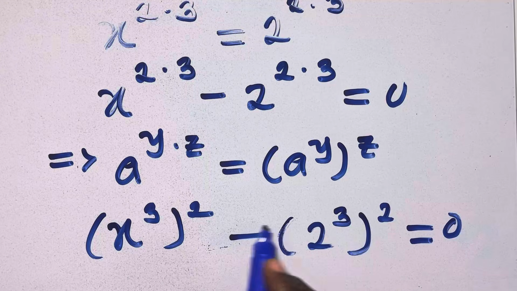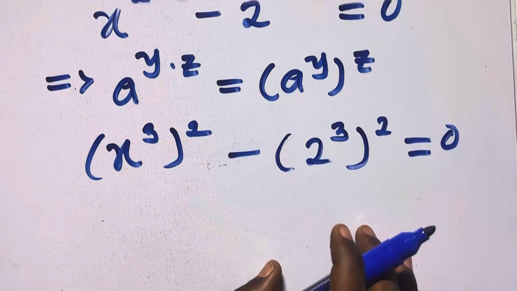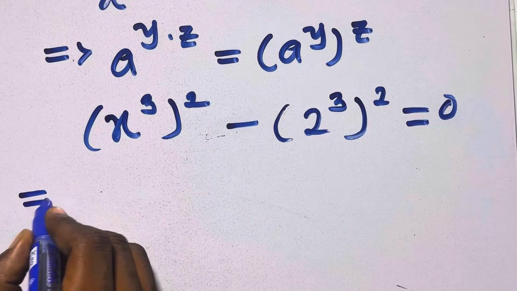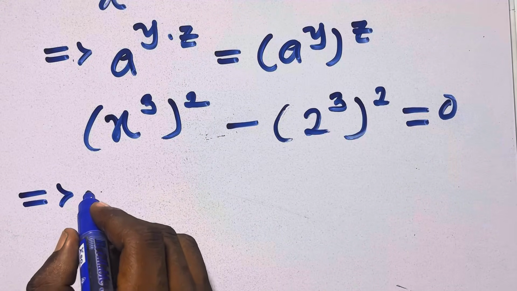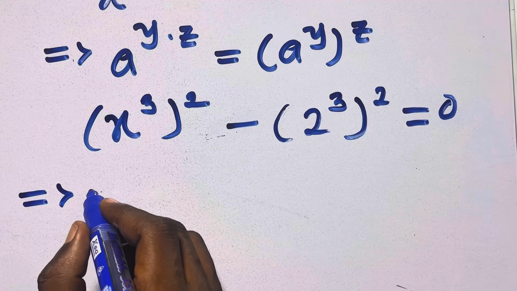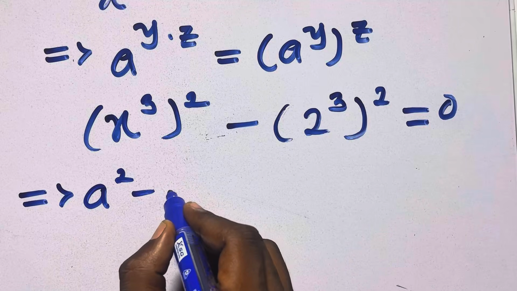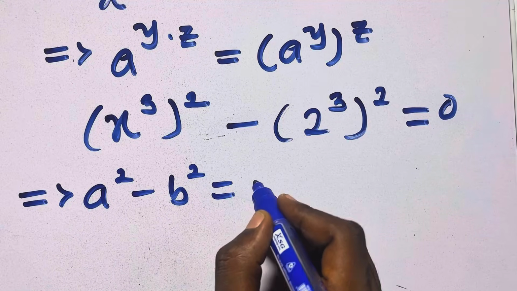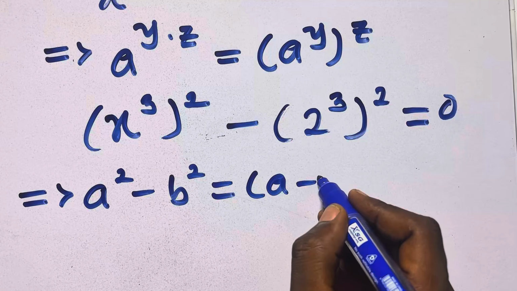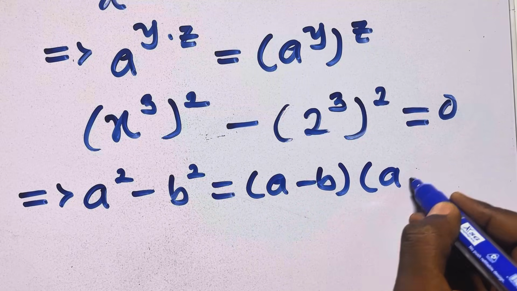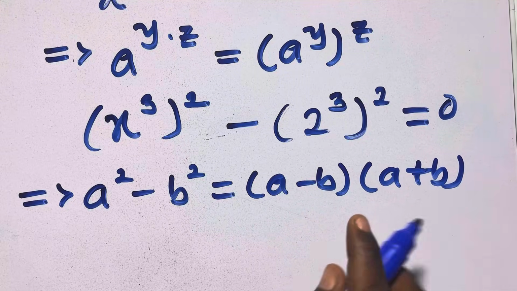equals 0. So what we try to do here is to express this as a difference of 2 squares. So remember the identity for difference of 2 squares: if you have a squared minus b squared, this is equal to a minus b, then a plus b.